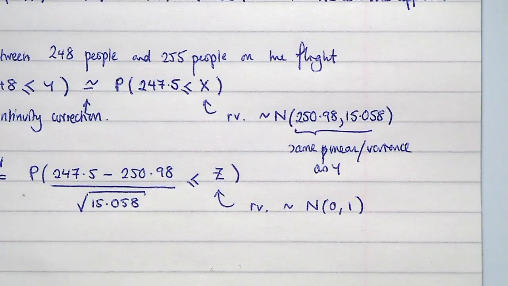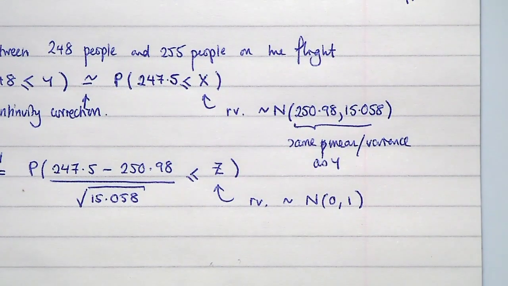And then this manipulation manages to, I can replace the random variable x with one I'm going to call z, which is normally distributed with parameters 0 and 1. And this is something that I can look up in the normal distribution table or using R.